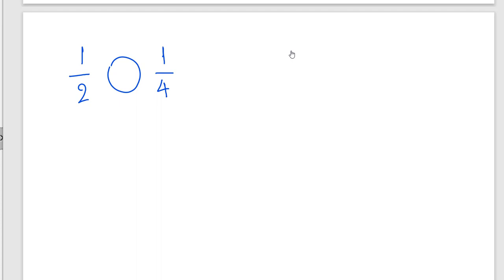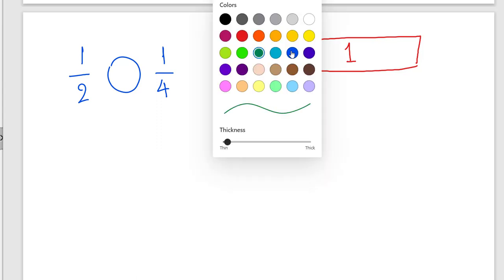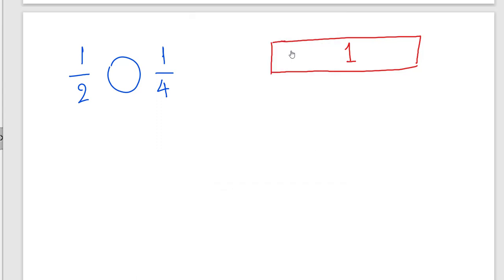The first thing that we should do is use the same whole for both of them. So I draw the whole that I'm using. This is the whole one. To represent the first fraction, 1/2, we need to divide the whole one into two equal parts.